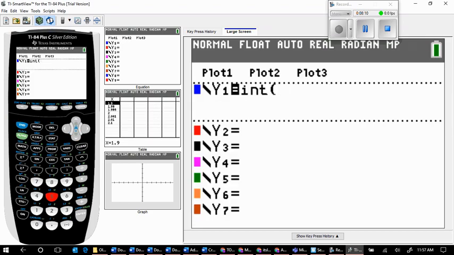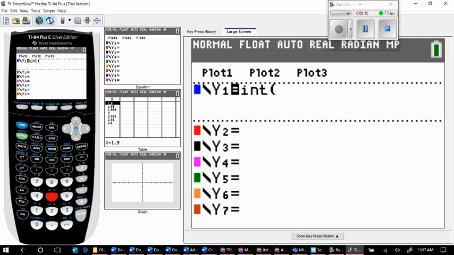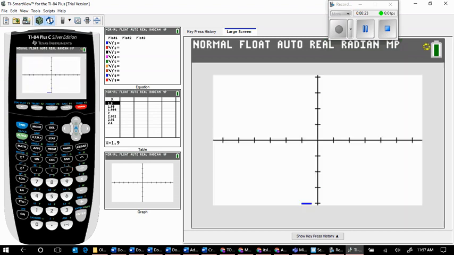Okay, so I've typed in the int function. x minus 3 is the function on the inside, so I have x minus 3. Just as a reminder of what this looks like, that is our little step function. We have lots of these little steps. That's why it's called a step function.